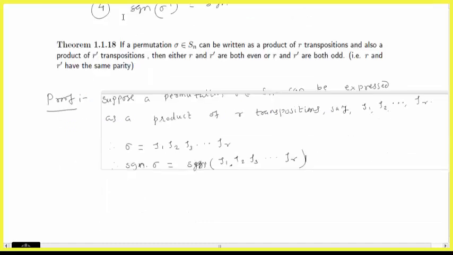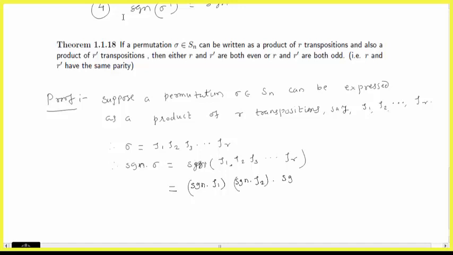So using that property, this sign of tau 1, tau 2, tau 3, tau r is equal to sign of tau 1 into sign of tau 2 into sign of tau 3 and so on, sign of tau r.